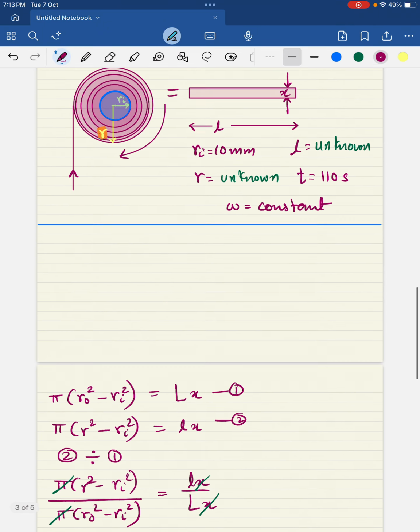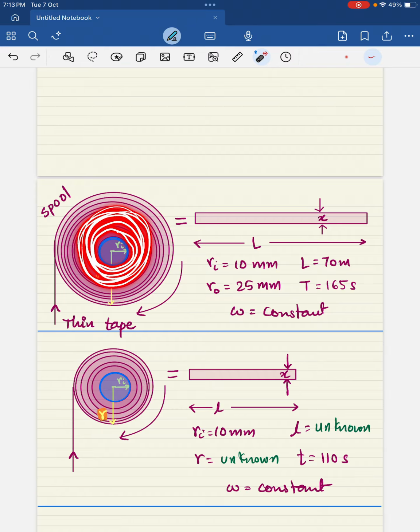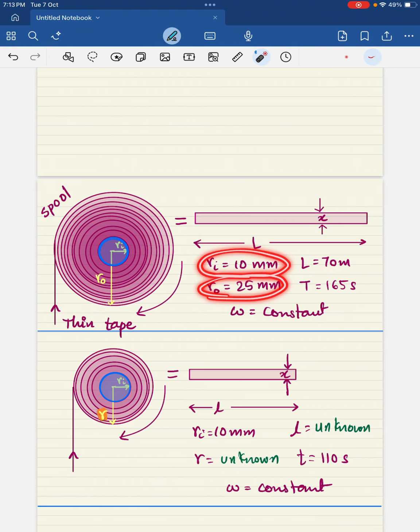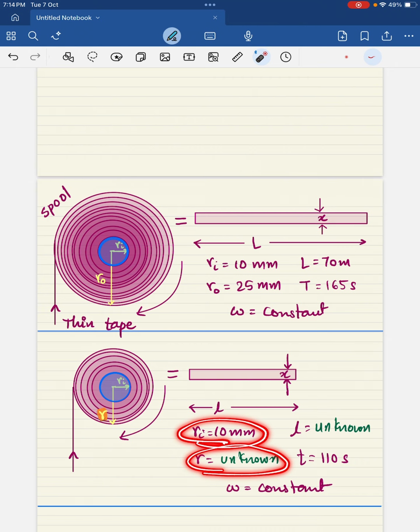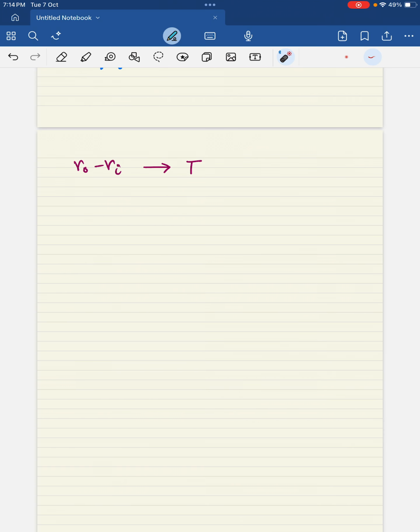Equivalent to time t, I mean to say that when you are filling this much amount of thread by just rotating the entire machinery, entire spool, it takes a time of 165 seconds. So R0 minus Ri is done in 165 seconds. So R minus Ri would be done in 110 seconds. So it goes like this. If I can fill R0 minus Ri in time t, then I can fill R minus R inside in time small t.